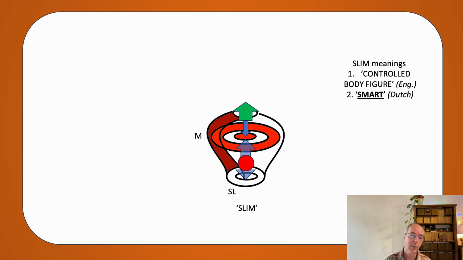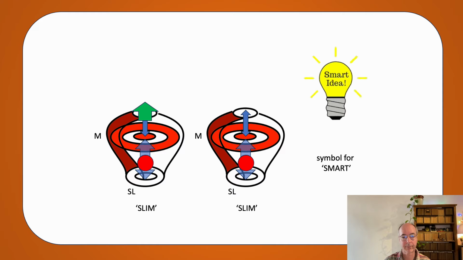I tried to look up some images of slim, the Dutch word slim, but I couldn't find them. Some of them had associations with the brain, but some of them had associations with the English word smart, so I will take that for now. Smart, most of the time, was expressed as a symbol or as a vector.